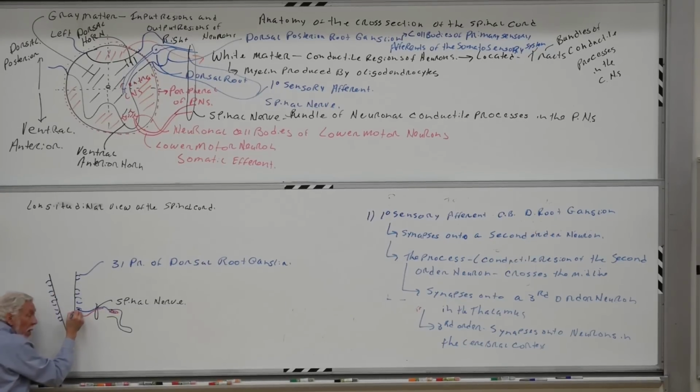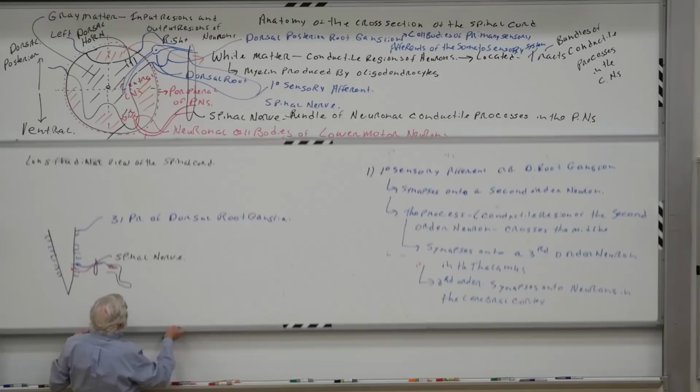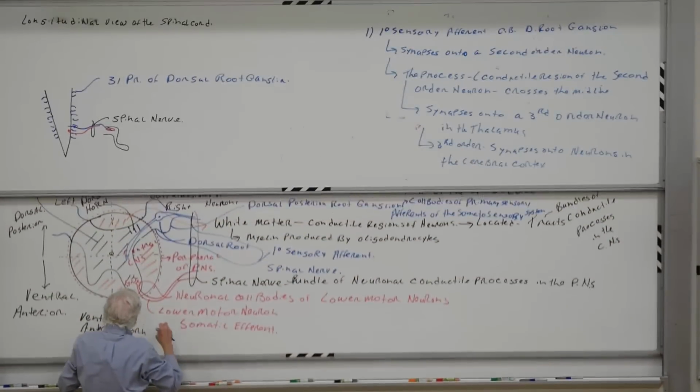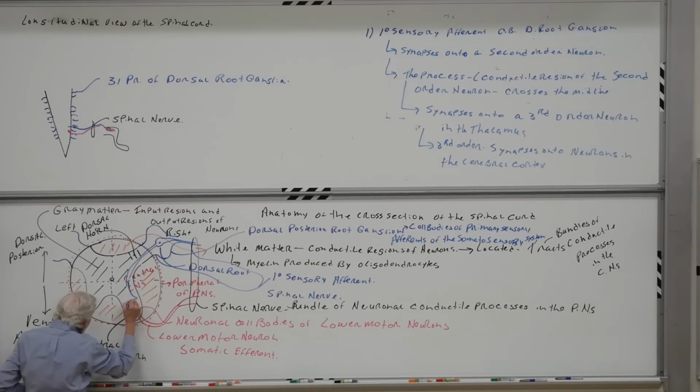This neuronal cell body is in the dorsal ganglion. It now enters the spinal cord. Now, the emphasis we had is how this primary sensory afferent here, in cross-section, would extend a process down into the ventral horn and synapse directly onto the lower motor neurons. That's the drawing we had.